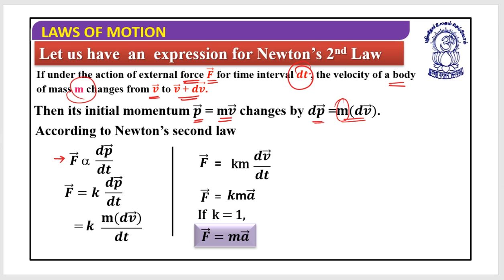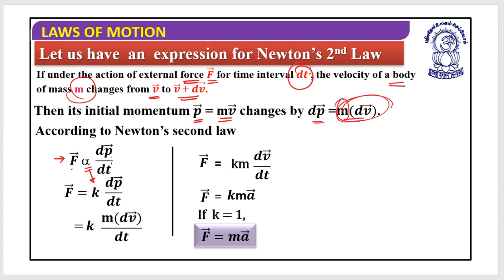So according to Newton, force is the rate of change of momentum. It's dp by dt. If I remove the proportionality symbol, I can add a constant: F is equal to k into dp by dt.